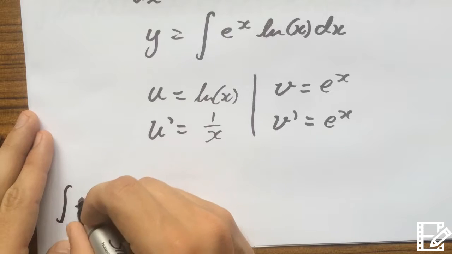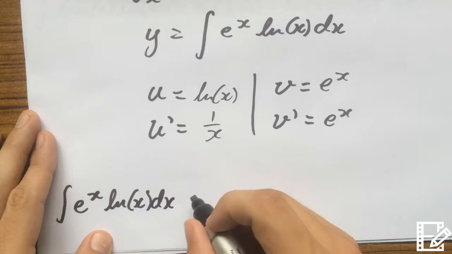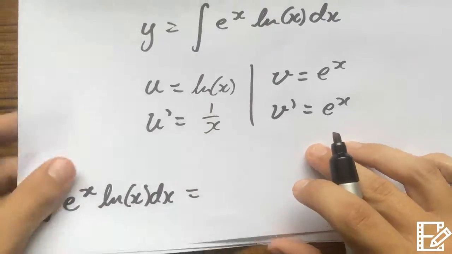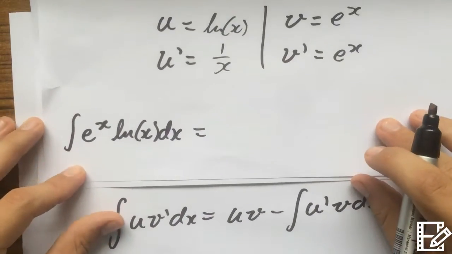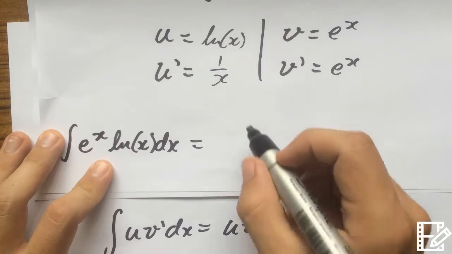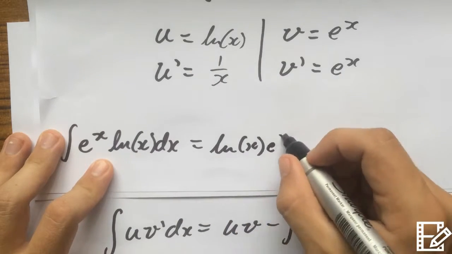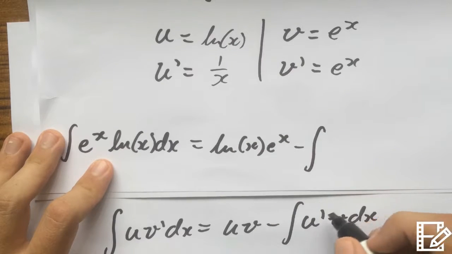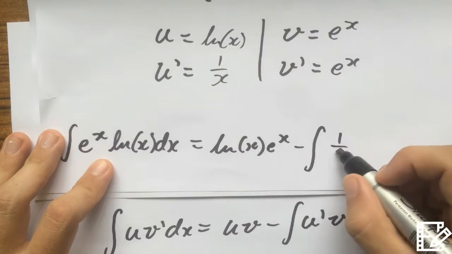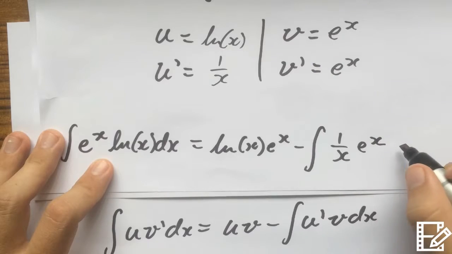We have our integral of e to the x ln of x dx. That equals, well, the formula said, if I can bring it out, that we need u, ln of x, we need v, e to the x. Subtract the integral of u dash, which is 1 on x, and multiplied by v. V is e to the x dx.